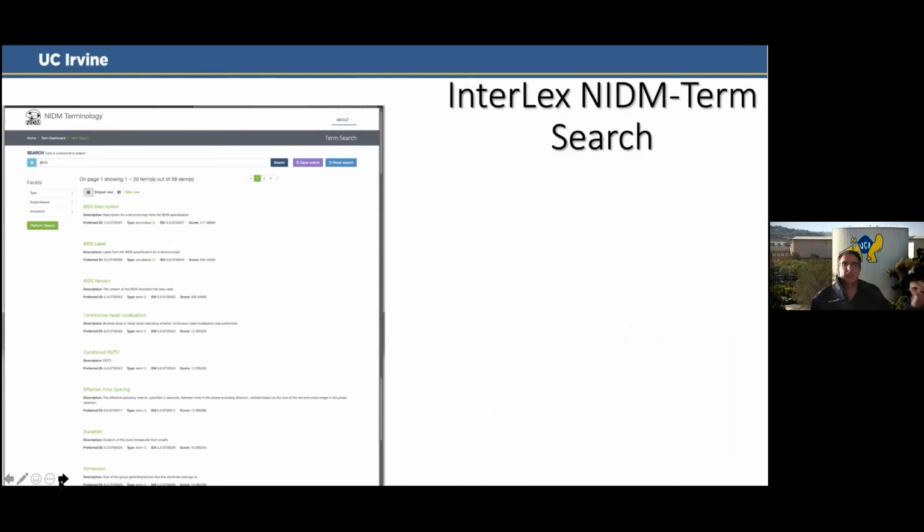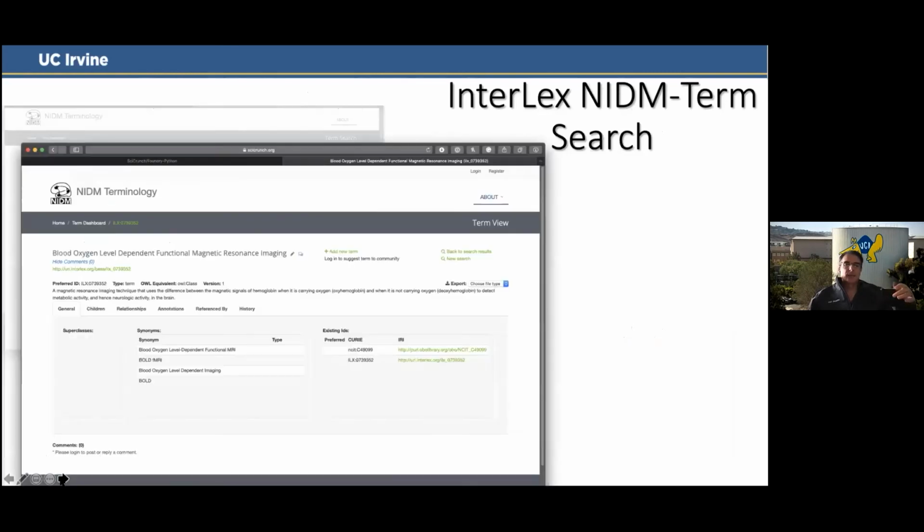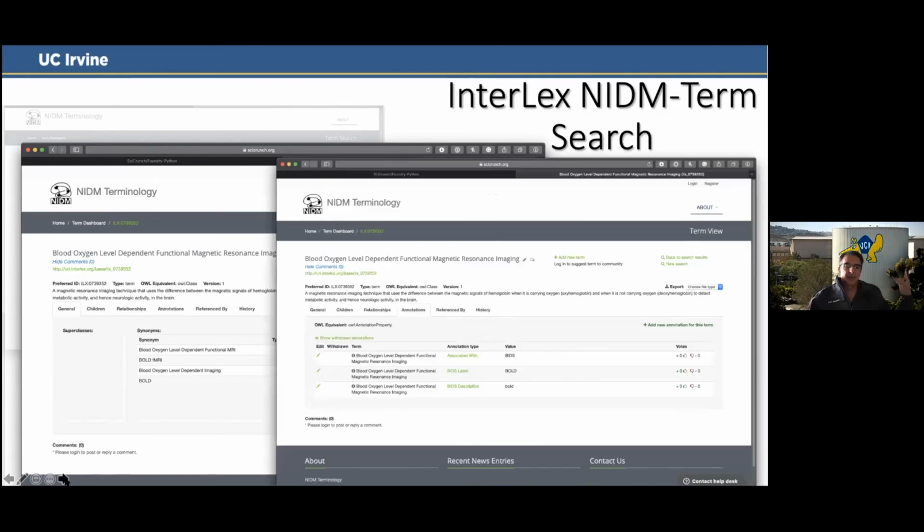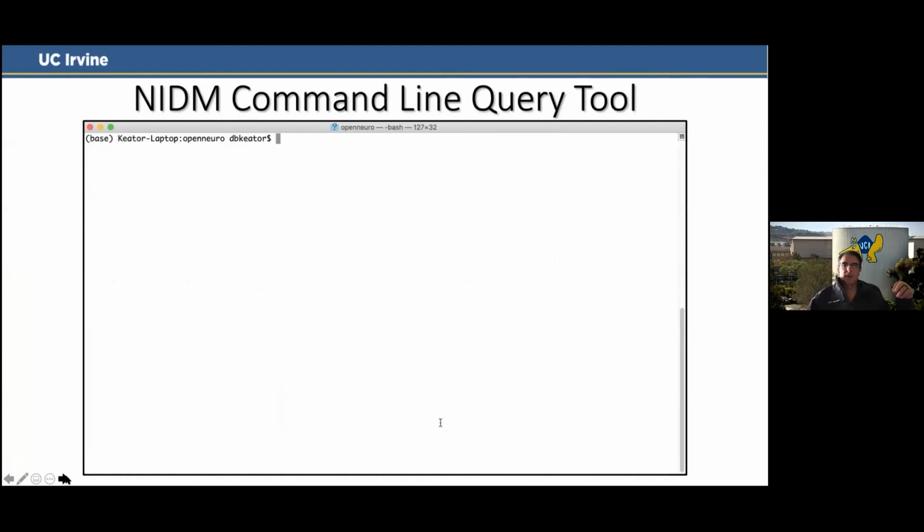And once the terms have been formalized for your use, you can upload them to terminology services like Interlex, and Interlex will make you a graphical representation of the relationships, similar to what I showed you before that we're doing for NIDM, and mint the URLs for these terms in a more formal information server.